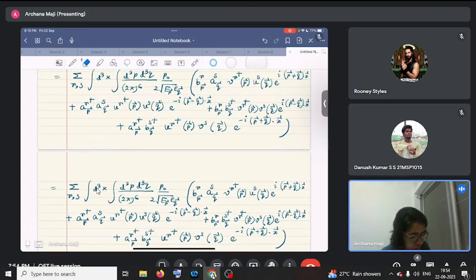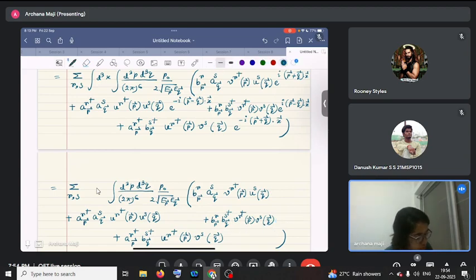So integration over d3x will give delta, so these terms will be replaced by delta functions. So we have delta 3 p plus q, delta 3 p minus q, delta 3 p minus q, and delta 3 p plus q. Okay.